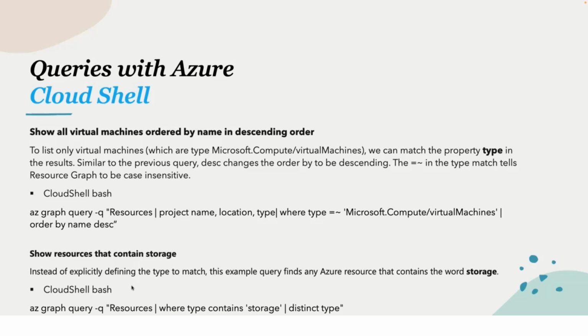In the other example below over here, we are also running a resource graph query within our Cloud Shell bash session, where we are returning resources that contain any word that is called storage. We are also performing a distinct type.